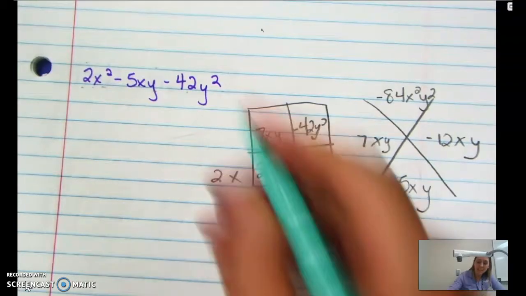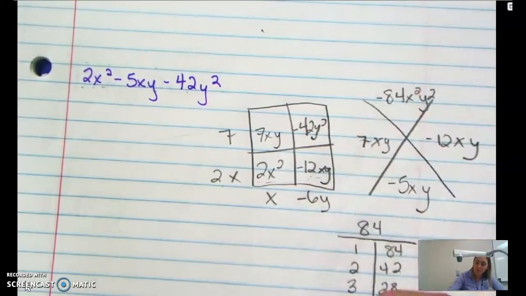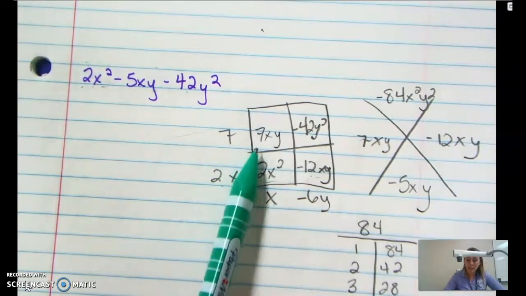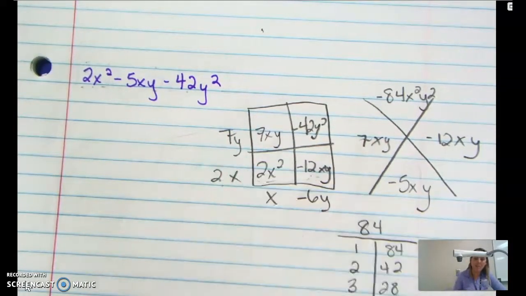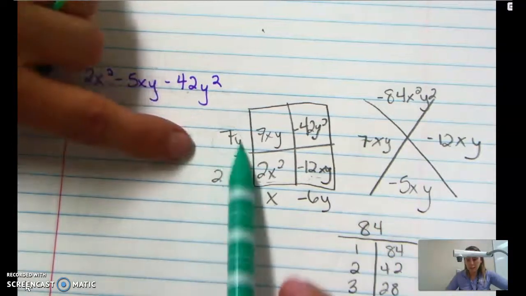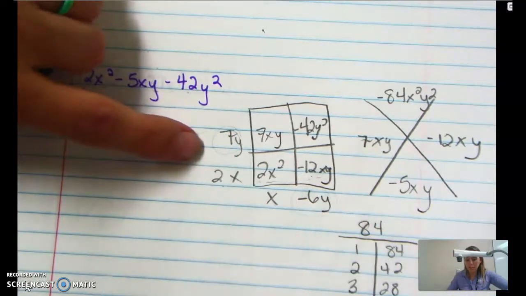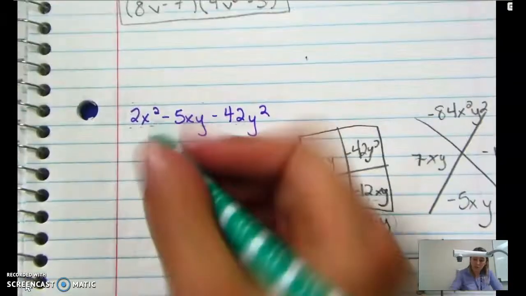And x times 7, oh, nope, I need a y here. So x times 7y will give me a 7xy. And then just to make sure we got our answer right, if we multiply 7y times negative 6y, we will get a negative 42y squared.